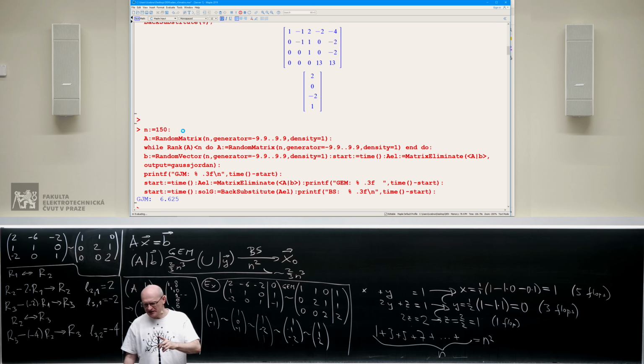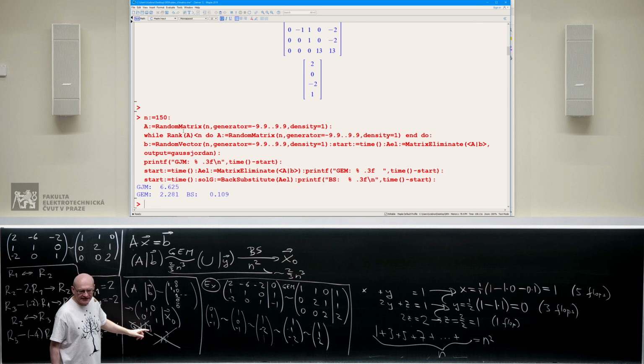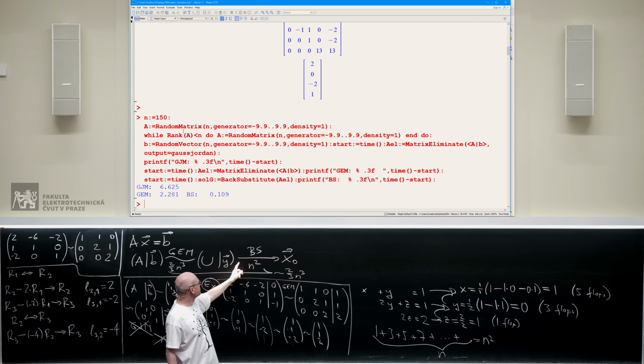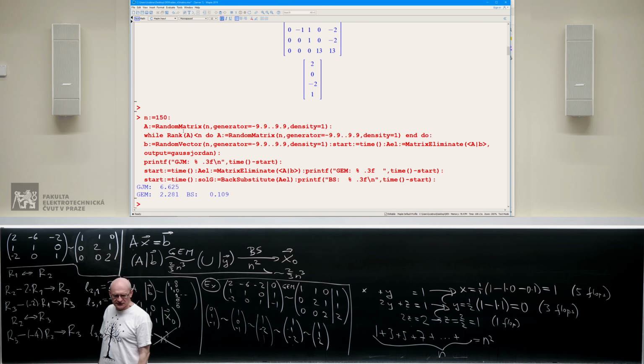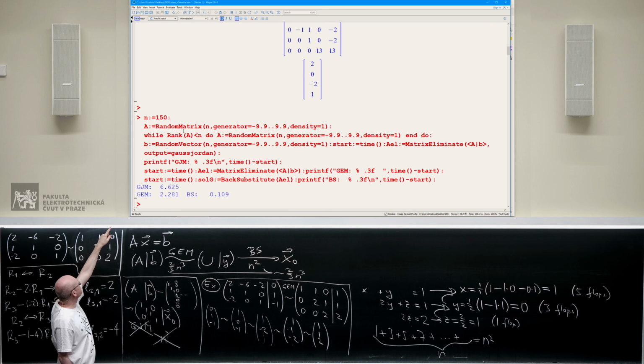This one took 5, yeah. So 6 seconds for this, and 2 seconds plus 0.1 second for this one. Now, what is really strange is that the Gauss-Jordan method should be slower only by about a half.